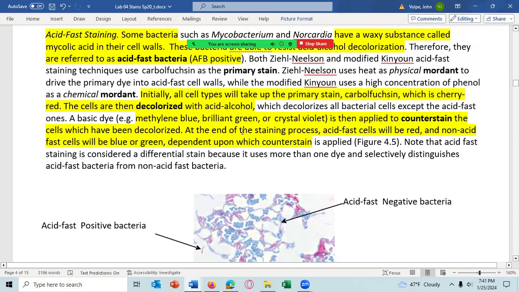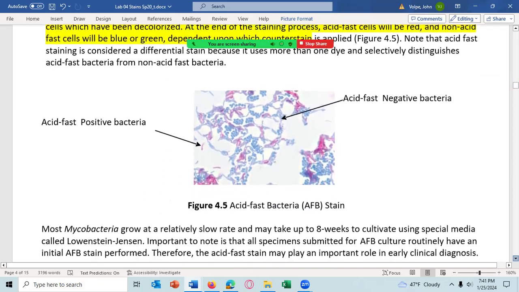There it is. Brilliant green is the other stain that's used as the counterstain in the acid-fast stain. When we look at the acid-fast bacteria, if the cells are acid-fast positive, they will stain pinkish, and the acid-fast negative bacteria will stain greenish or bluish, depending on what color the counterstain was.